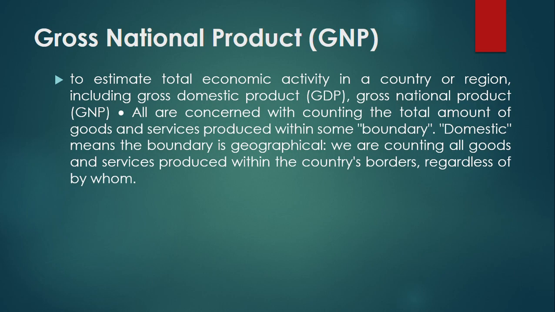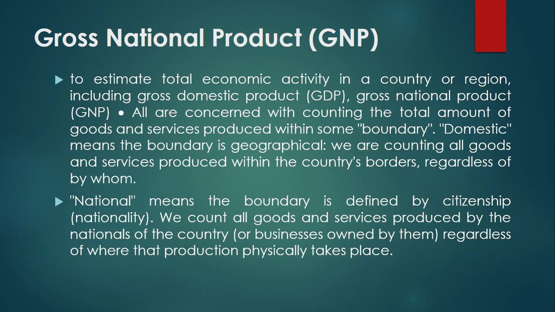Domestic means the boundary is geographical. We are counting all goods and services produced within the country's borders, regardless by whom. National means the boundary defined by citizenship, nationality. We count all goods and services produced by the nationals of the country or businesses owned by them, regardless of where that production physically takes place.